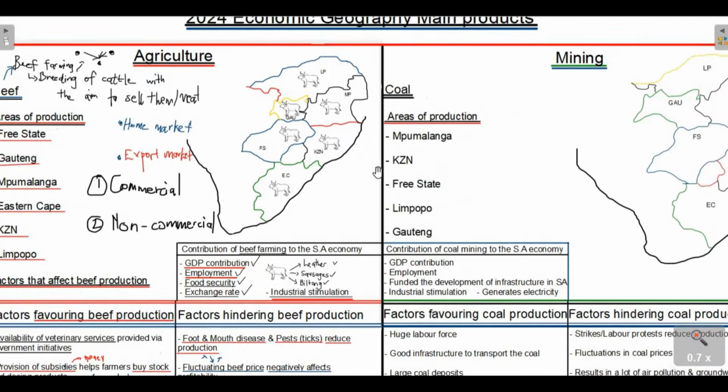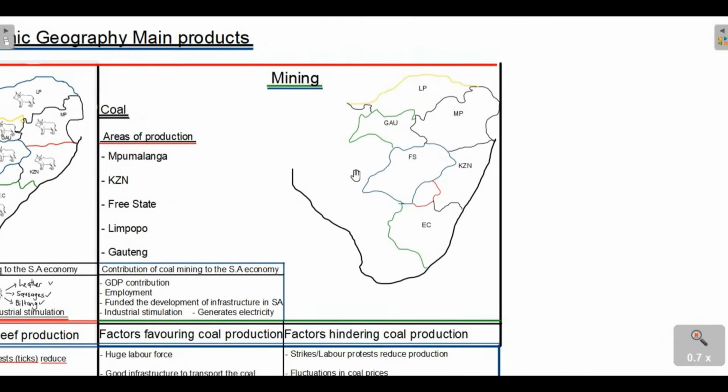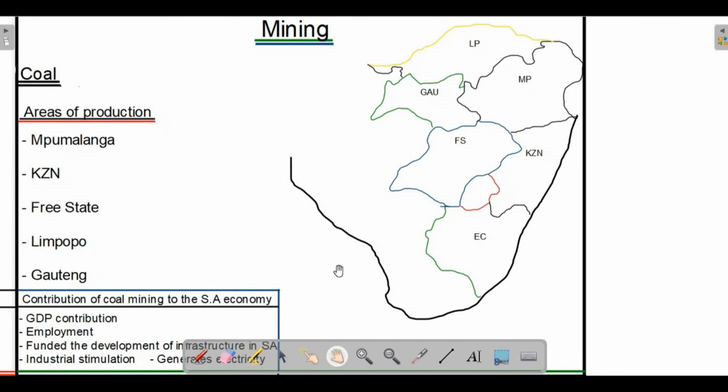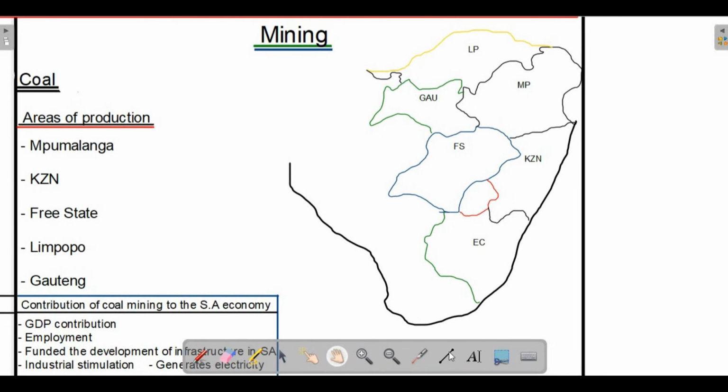That is beef farming. Now let's get into coal. Right, now coal is the prescribed mineral this year, 2024. And it is produced through mining, whether it's underground mining or open shaft mining. Coal is quite abundant in SA as well, and it is mostly produced in Mpumalanga, particularly in the Highveld.